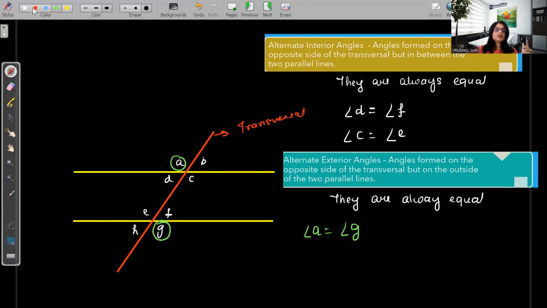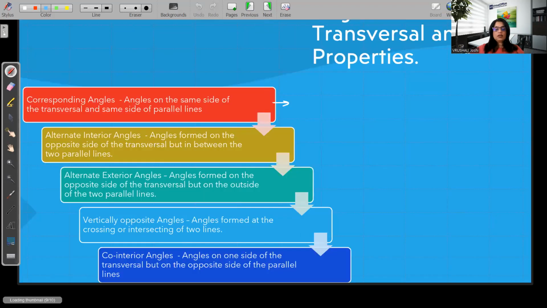And the next we have angle B, which is equal to angle H. So we have angle B, which is equal to angle H. Are you getting it? So these are called alternate exterior angles. Are we getting it? Okay. Let's go to the next one.